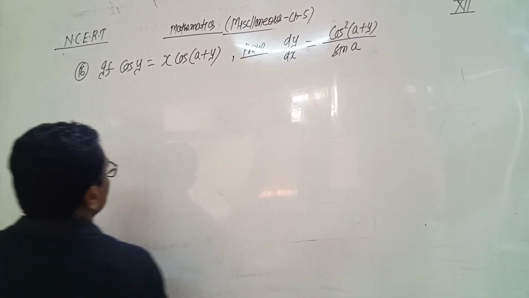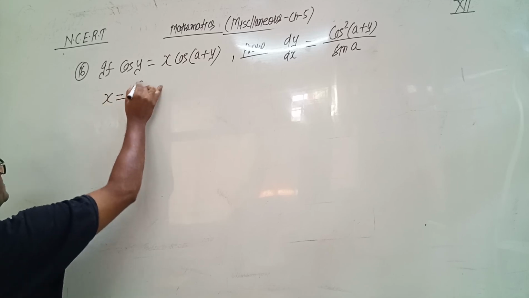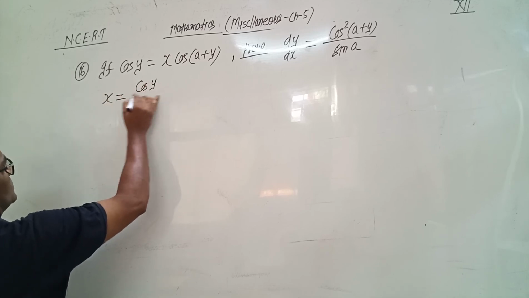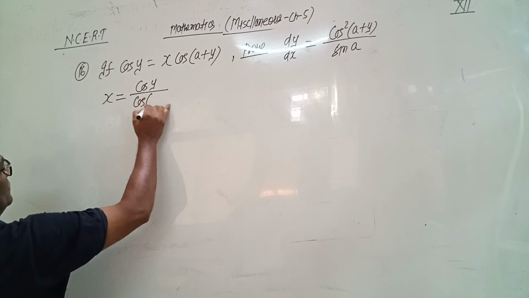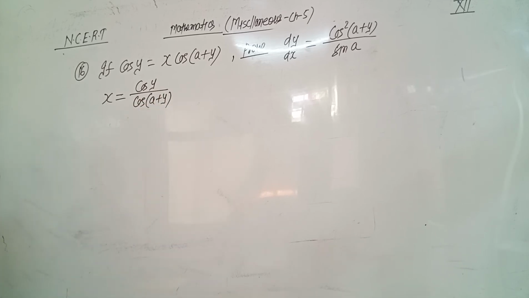So from this question we eliminate x. So x becomes cos y upon cos(a plus y). Now we will have to differentiate with respect to y.